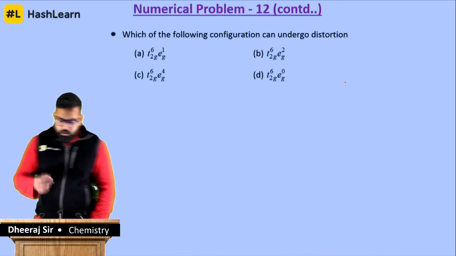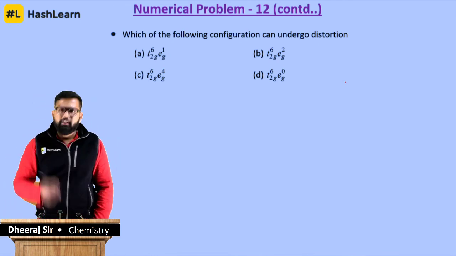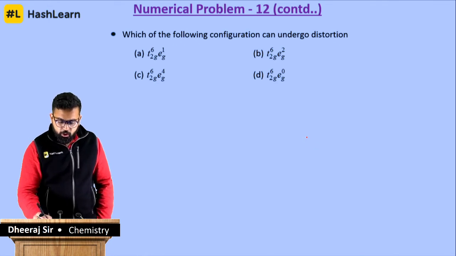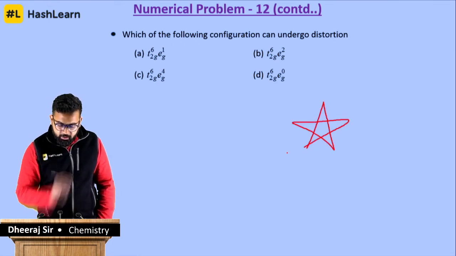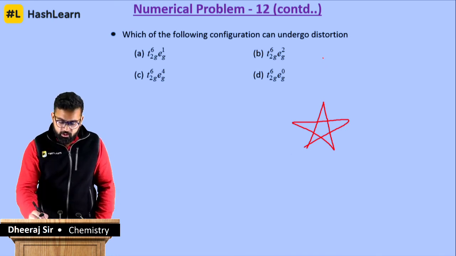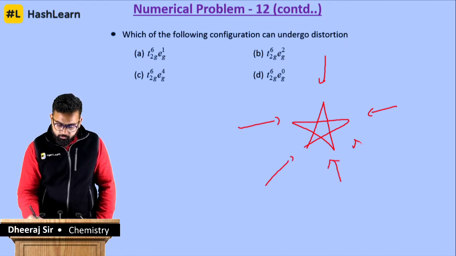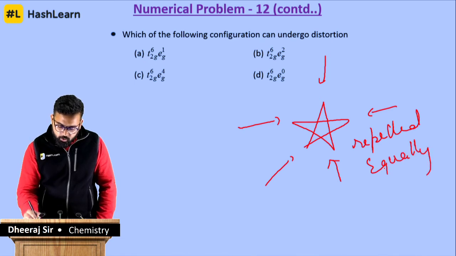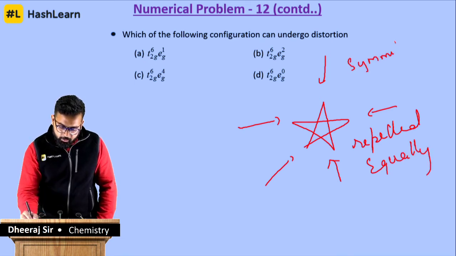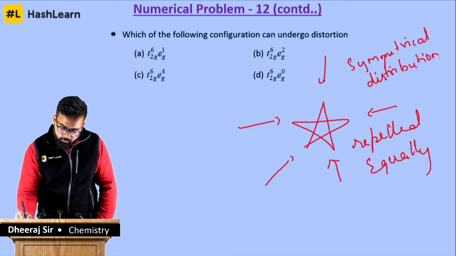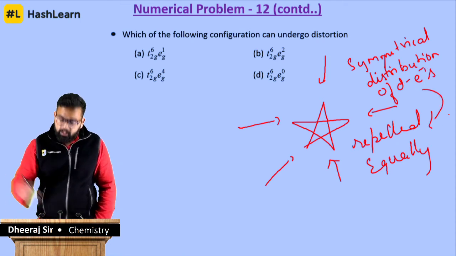I'll give you a slight clue. What is this distortion based on? Simple. If the arrangement is symmetrical, imagine you have a symmetrical arrangement like this. Therefore, the ligand approaching from all directions will be repelled equally. So symmetrical distribution of d electrons, they're all repelled equally.